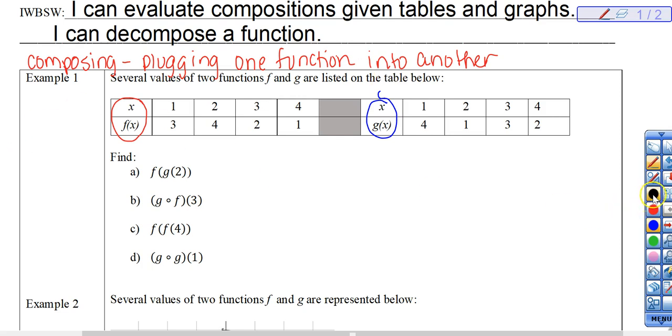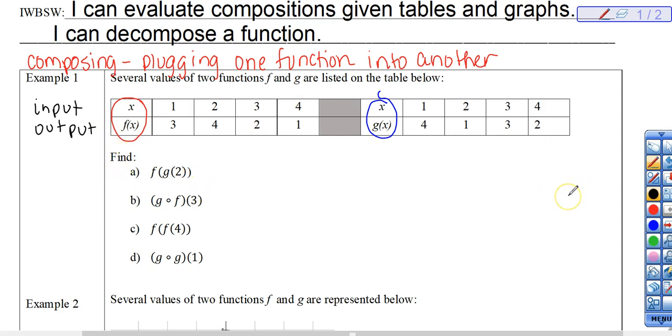I'd like to label my x's as my input and my y's as my output, because that's typically what we do when we're solving a function. We'll input something for x, we'll do a little magic math, and then we'll get an output for y, or f of x. f of x means y, or g of x means y.